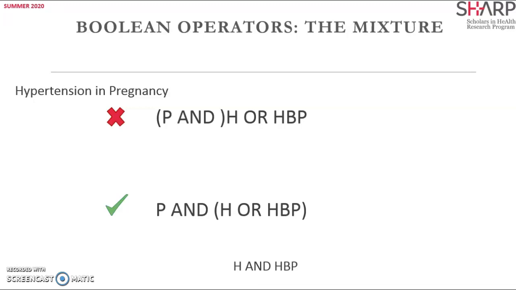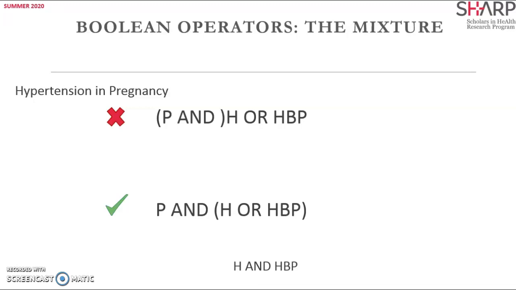Similar concepts are ORed. So when I have a mixture of Boolean operators, those that are in OR are usually put in something called nesting. I'm nesting them, I'm putting them between brackets. I will force the database or the resource to look up for me the concept pregnancy and hypertension, whether it is hypertension or high blood pressure or any other synonym of it, by putting a bracket before hypertension and after the last synonym of hypertension.